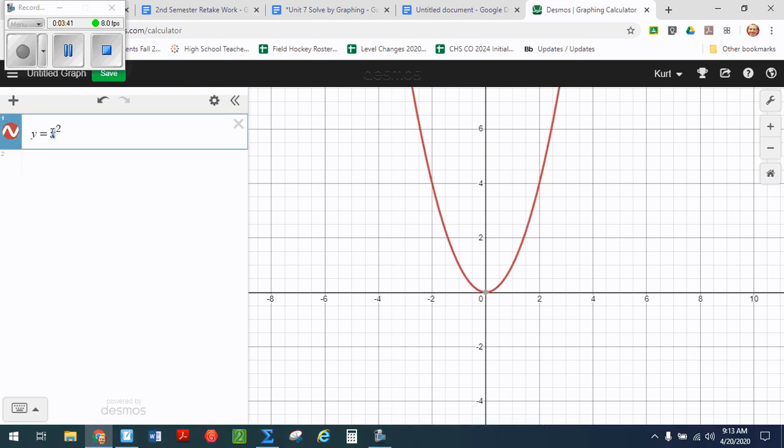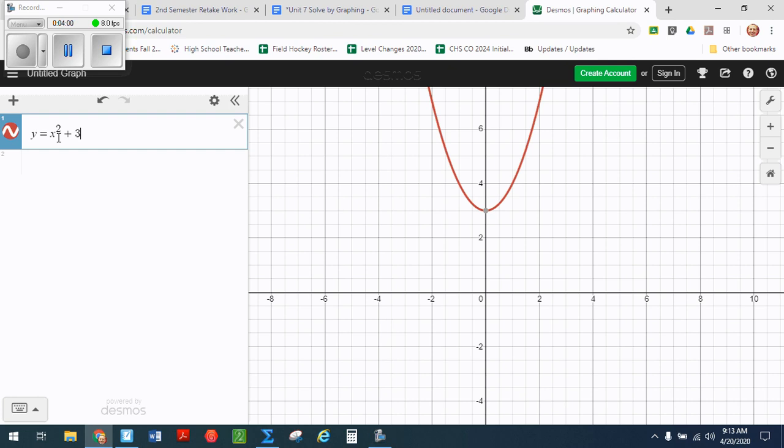Before I change the parentheses, let's go back to x squared and see what happens if I just add something to the graph. If I just put a +3, what happens to my graph? Well, it moved. Where is the new vertex?